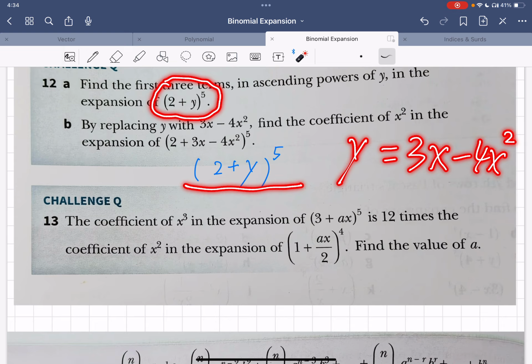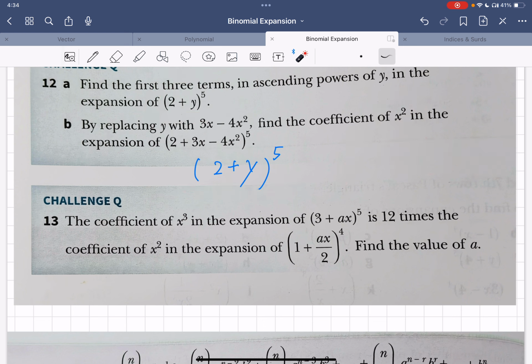Be careful. It only asks you to find the x squared coefficient. You only need to find the x squared coefficient. That is the third term. So in the third term, can x equal a square? Is that right?